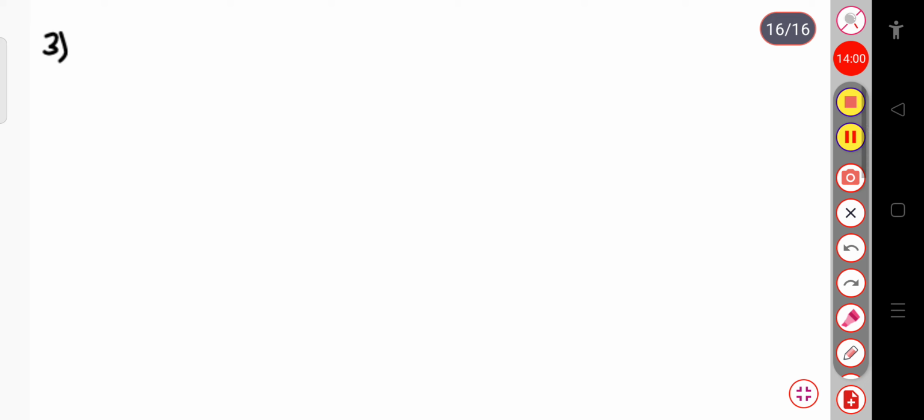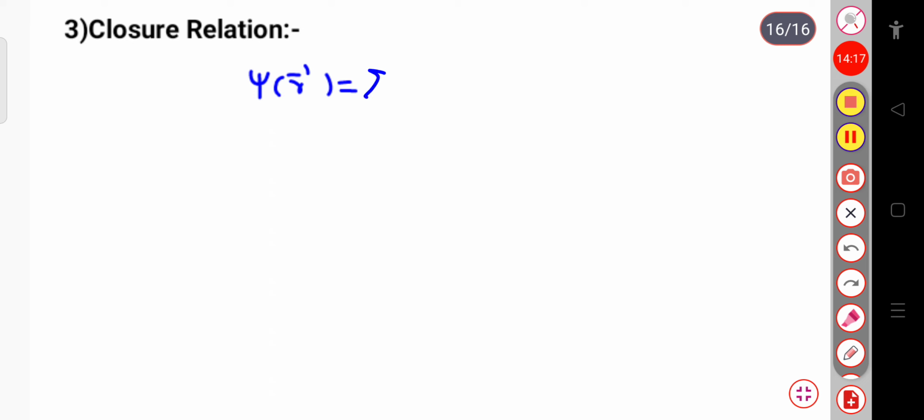So it is the closure relation. Here psi of r we can write as the sum over the linear combination of the other state functions, that is the sum over n of Cn psi n of r.